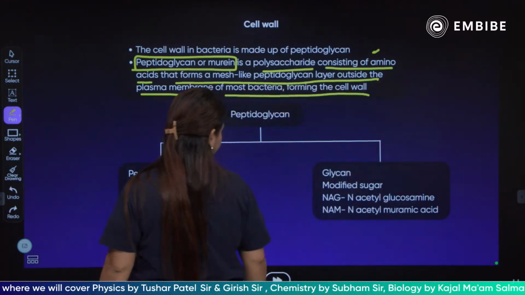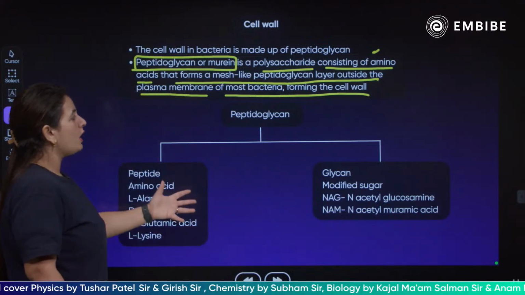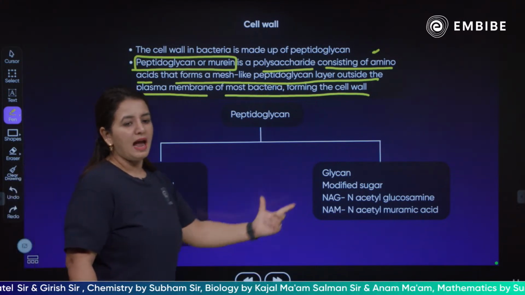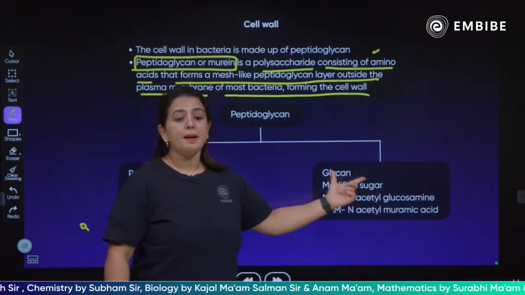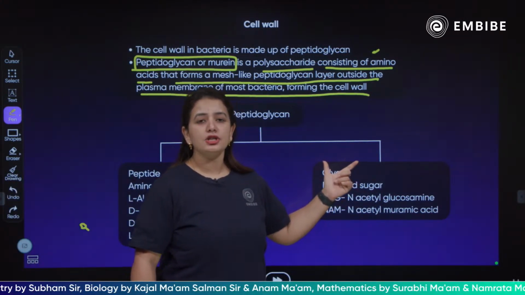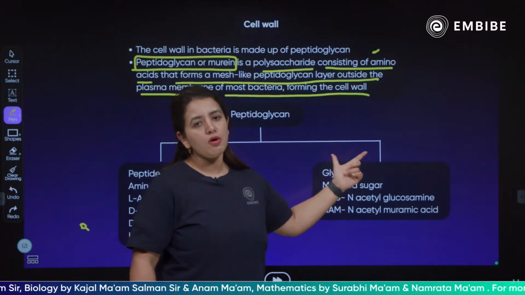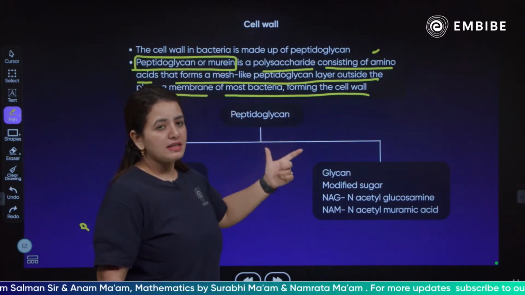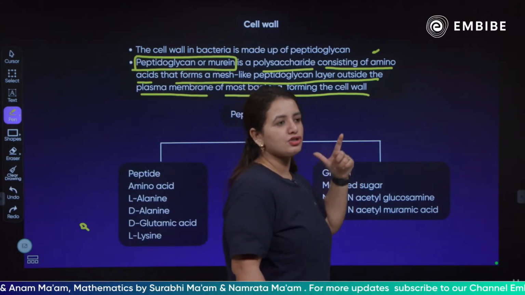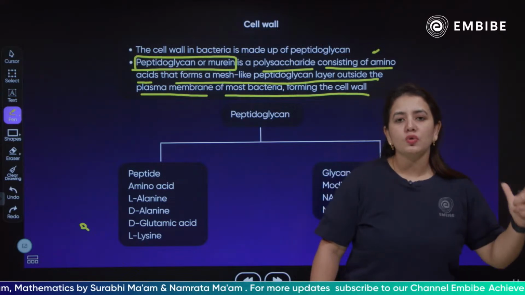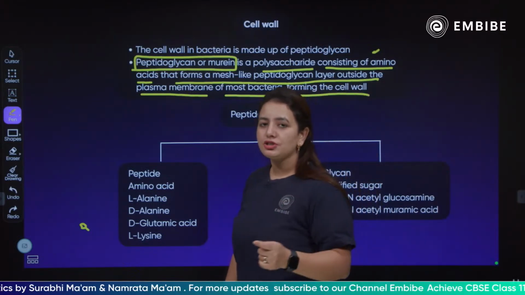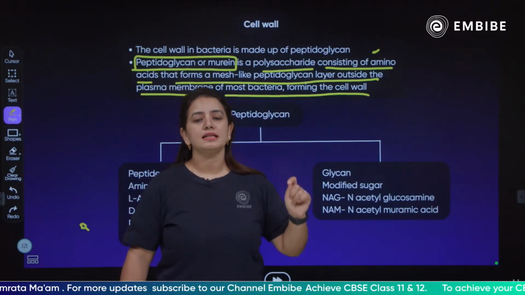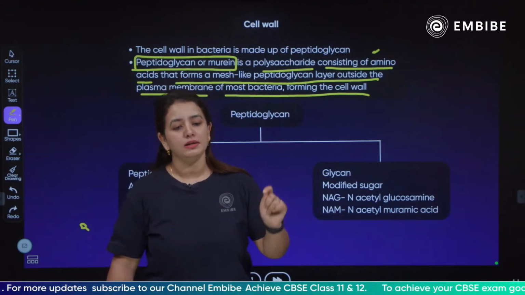Clear, children? So the whole peptidoglycan consists of both amino acids and carbohydrate. It is a combination of proteins and carbohydrate. A chain of amino acids and a chain of carbohydrate together create a structure around the plasma membrane, and that is what we call a cell wall.